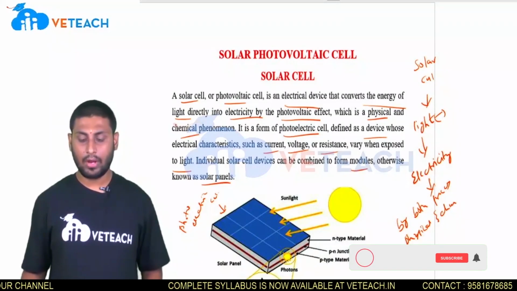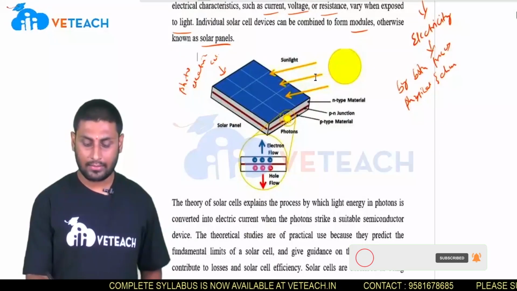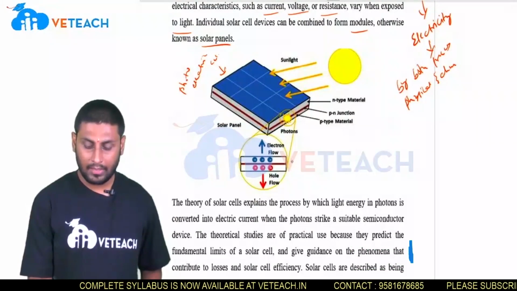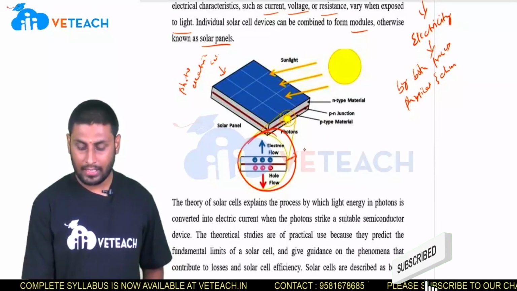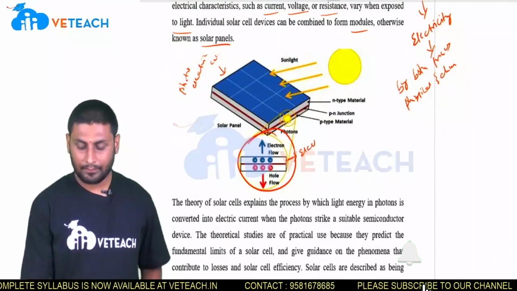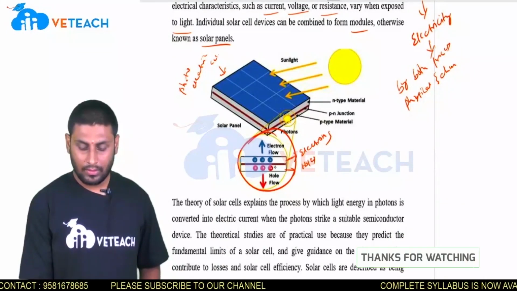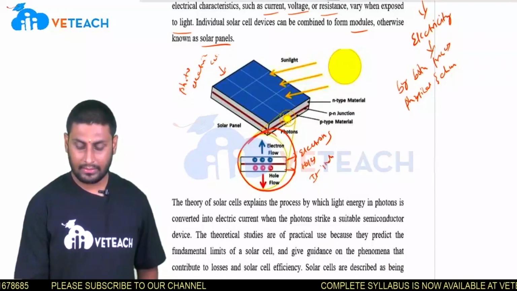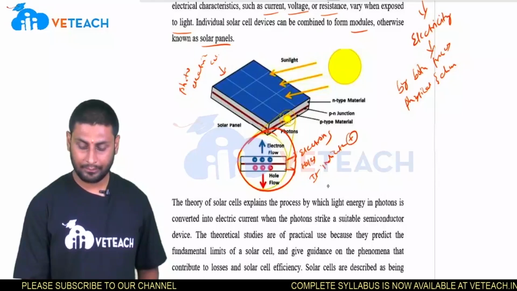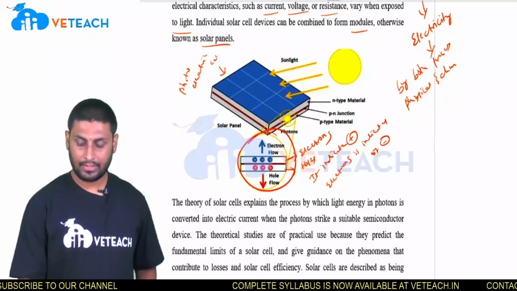Now let us see the block diagram of the solar cell. In this block diagram, the upper part of the block is known as electrons and the lower part is known as holes. Holes are indicated with a positive sign and electrons with a negative sign.